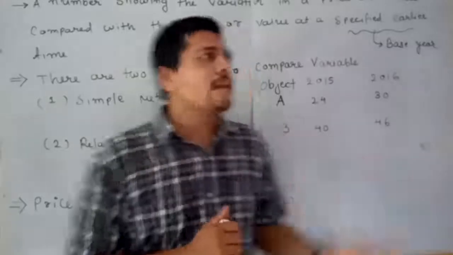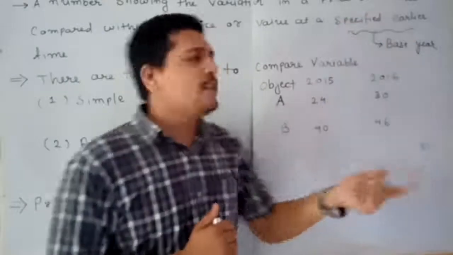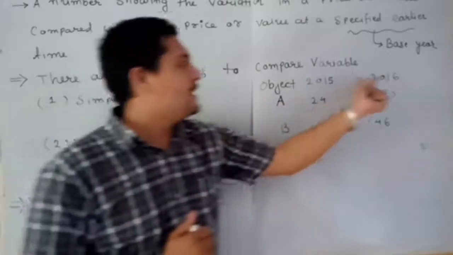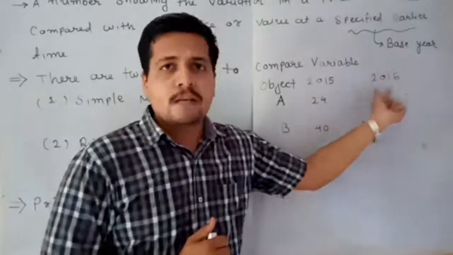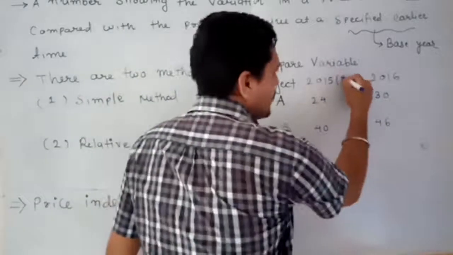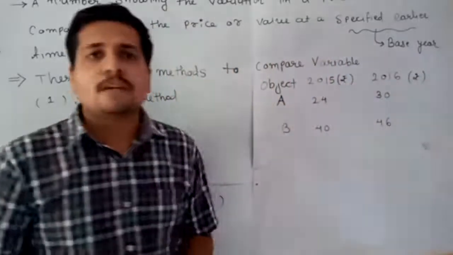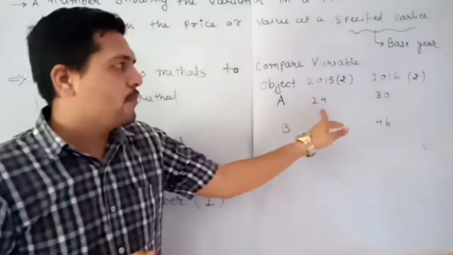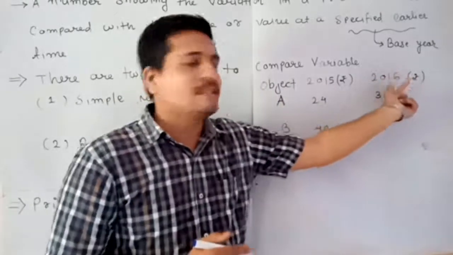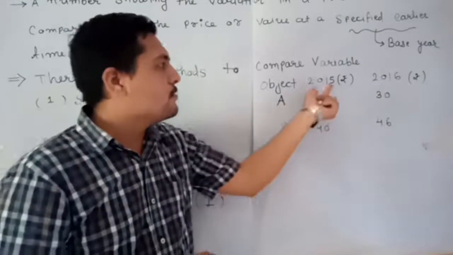We have to compare two years, 2015 and 2016. If any object A has a price in 2015 of 24 rupees and in 2016 of 30 rupees, the change in price, in any unit like rupees, is 6 rupees compared to 2015.